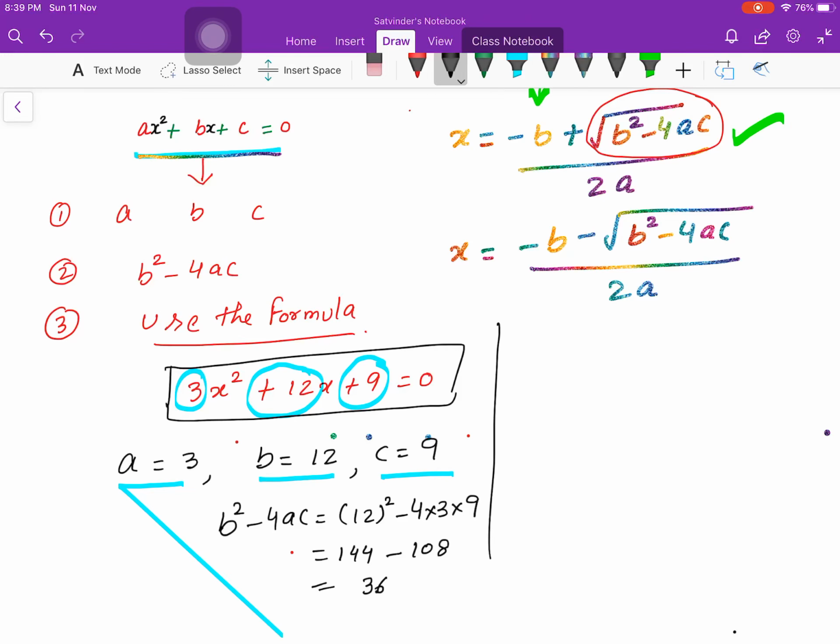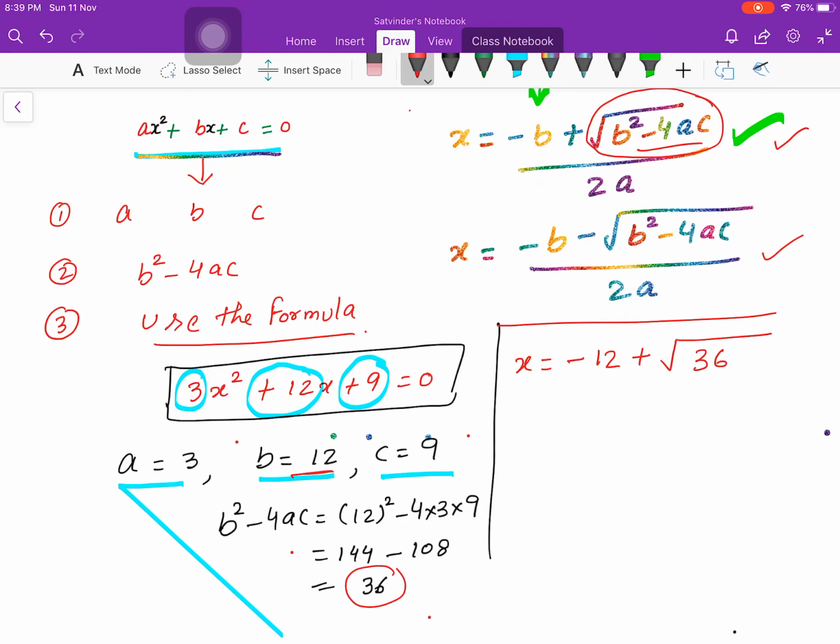Now the last step. Substitute all the values in the formula. You can see here the first value goes here and the second goes here. So let's do the first value. x is negative b, and b is 12, so negative 12, plus the square root of b² minus 4ac, which is 36, over 2 times a.